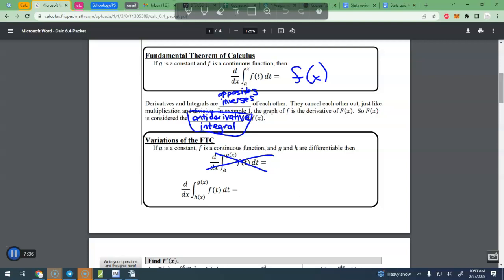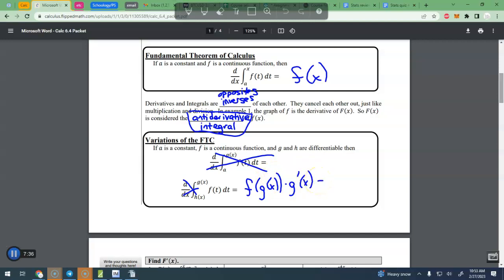Let's look at this one. Sometimes there's just numbers and letters up there, or numbers and a variable. Sometimes there's functions. So now we've got a function here, so there's a chain rule piece that happens. The derivative and the integral still wipe each other out, but you've got to plug in the top, so it would be f of g of x, and then you multiply by the derivative of what you just plugged in.